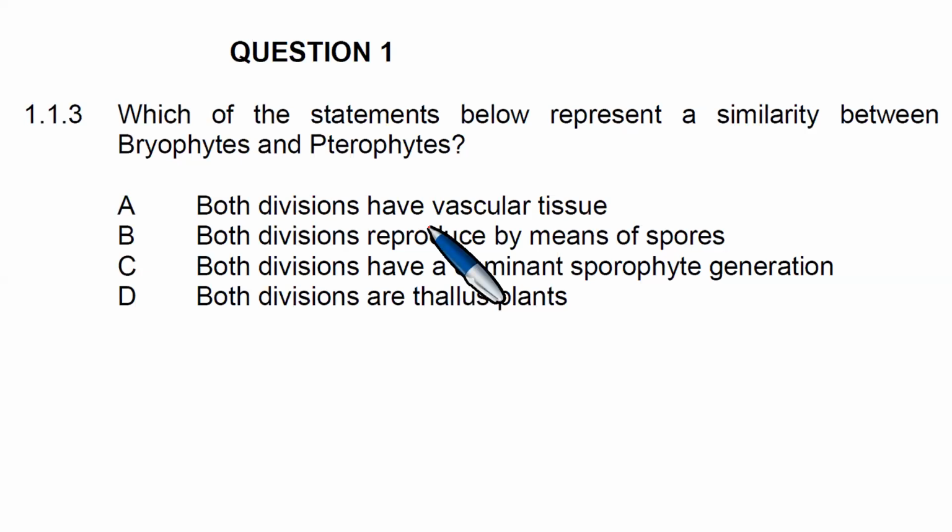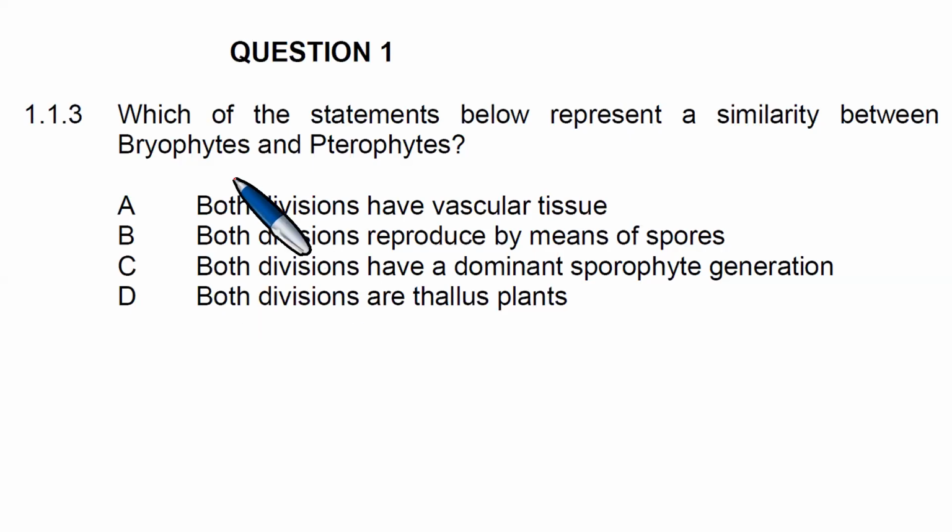Moreover, it's very important to understand the implications of certain statements in life sciences. Okay, for example, which of the statements below represent a similarity between the bryophytes and the pteridophytes?